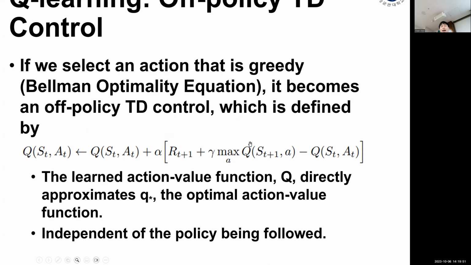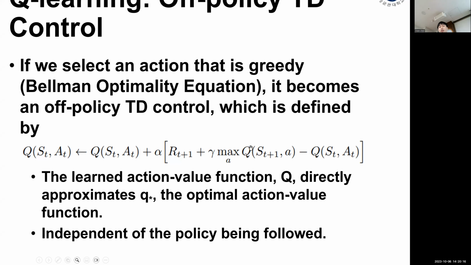Because we are not relying on the target policy. We are using a behavior policy, and we are not specifying a particular name for it, but it just uses the greedy action based on the current action value. So that's why we call it off policy TD control.